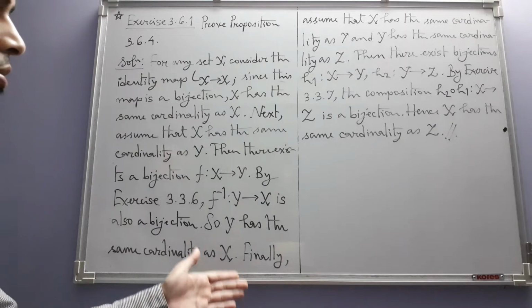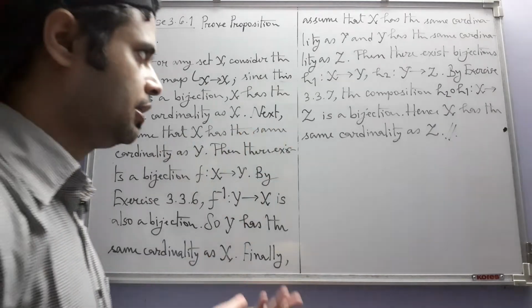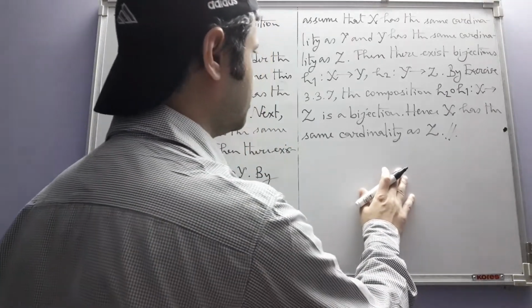So it's an equivalence relation on the class of all sets. We can think of it in that way.